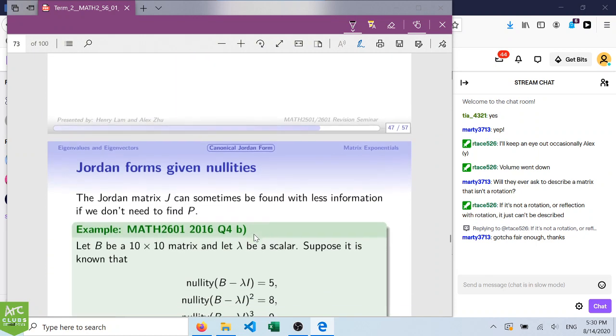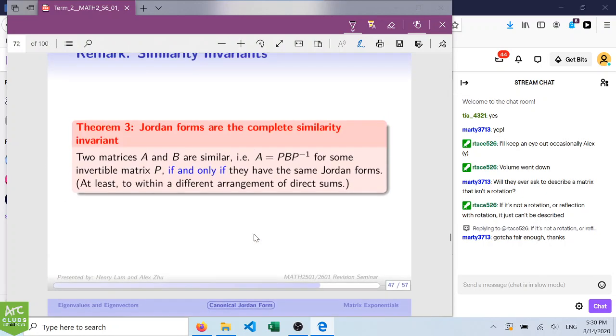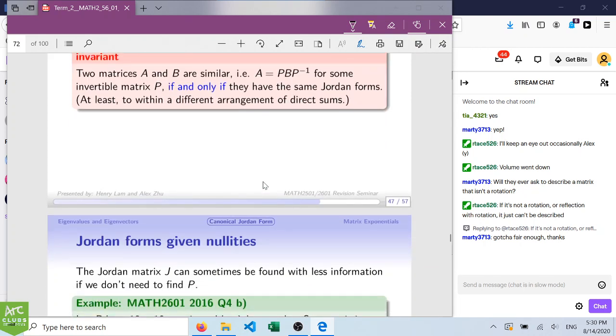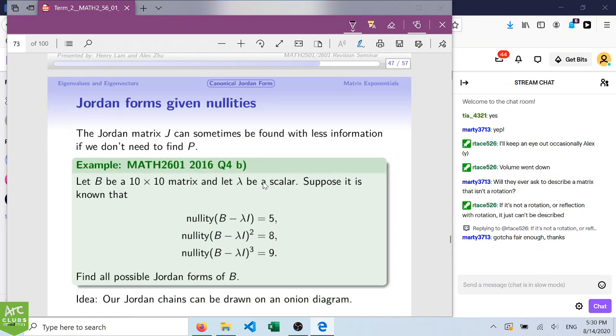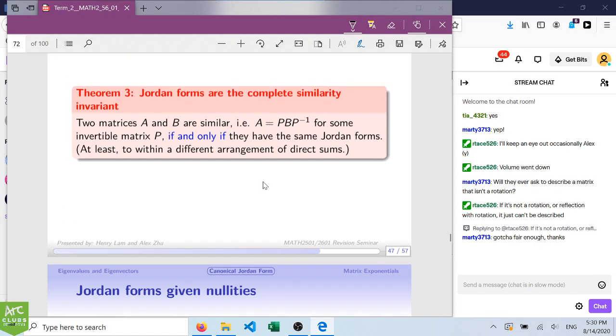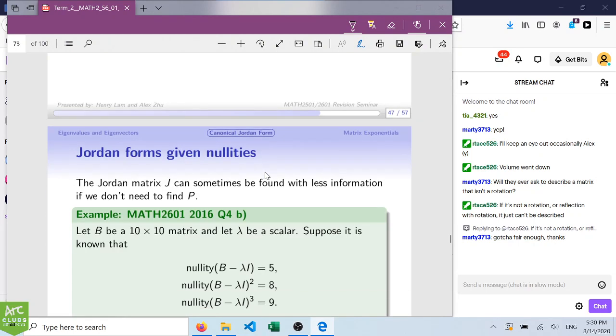Similarity is kind of like similar triangles, but for matrices, expressible in terms of the same bases. It's not a scalar multiple, but it has this PBP inverse property.